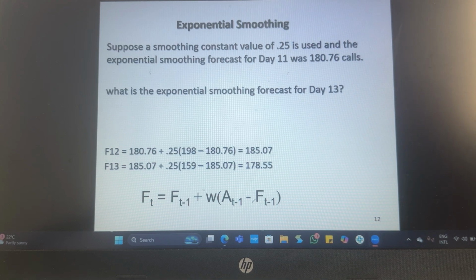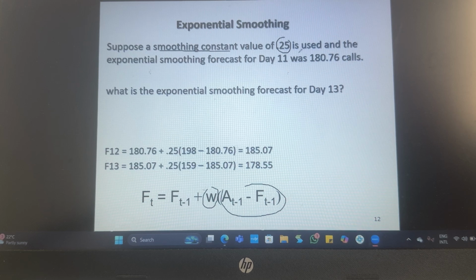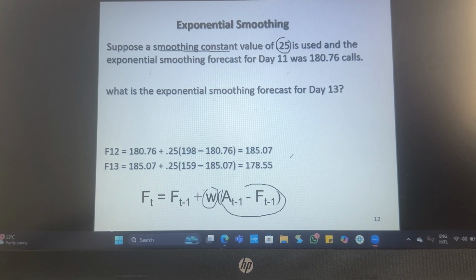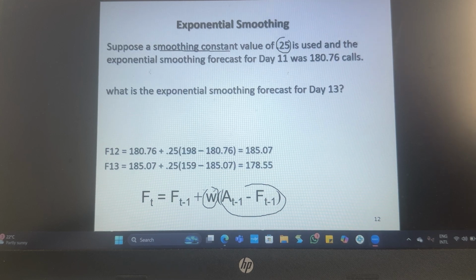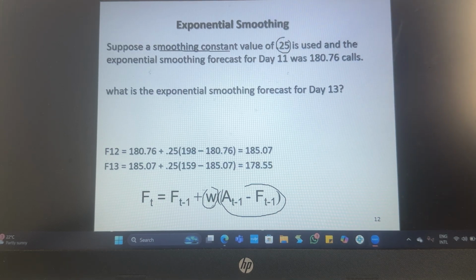Out of this forecasting error, we take some percentage, that is the smoothing constant. Selecting the percentile value is up to the researcher. Here in this case, 0.25, that means 25%. Out of the forecasting error, we take some percentage and add it to the previous year forecasted value.